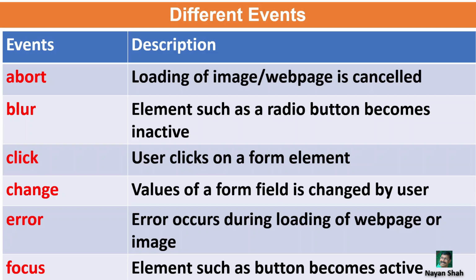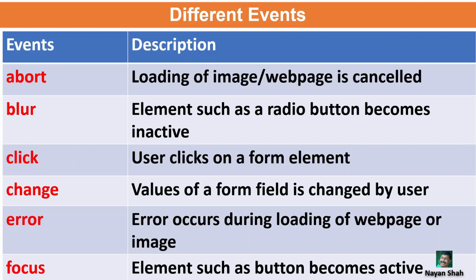Suppose there are two boxes on a web page for first name and last name, and your cursor is on the first name box. If you press the tab key, the cursor will jump from the first name box to the last name box. So on the first name box, the event is blur because the cursor just moved from there, and for the last name box, the event would be focus because now the cursor came over there. So blur event and focus event.